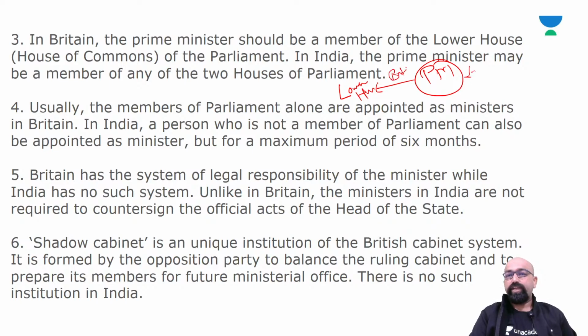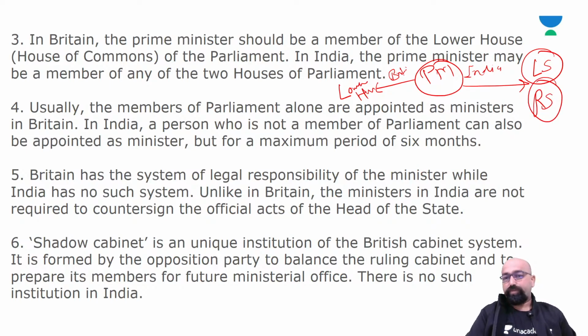In case of India, Prime Minister may be the member of any of the house like Lok Sabha or Rajya Sabha. Right, any of the two houses of the parliament.